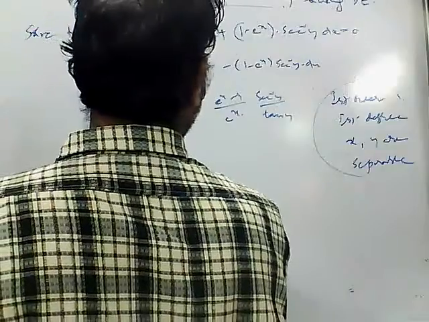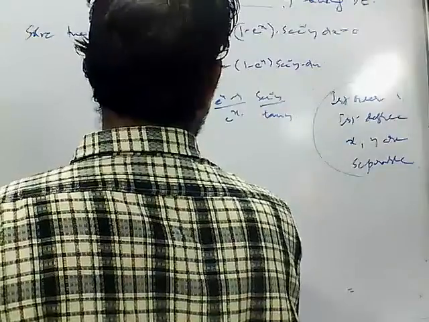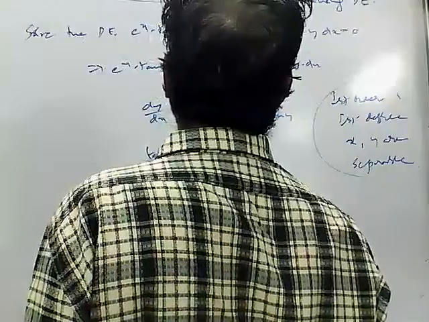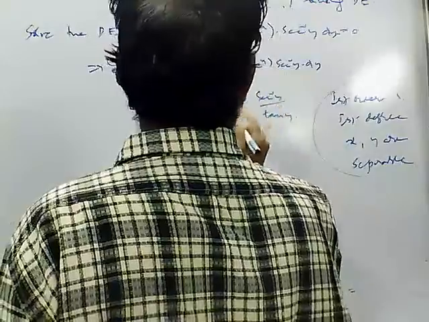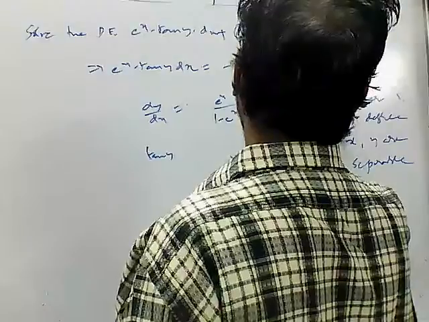So, here dx, here dy. So e power x by 1 minus e power x into tan y by secant square y.